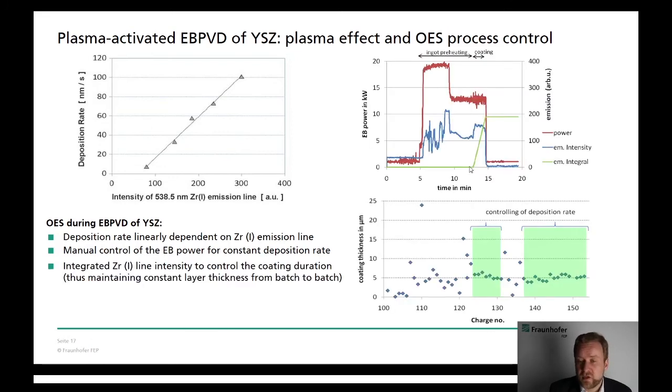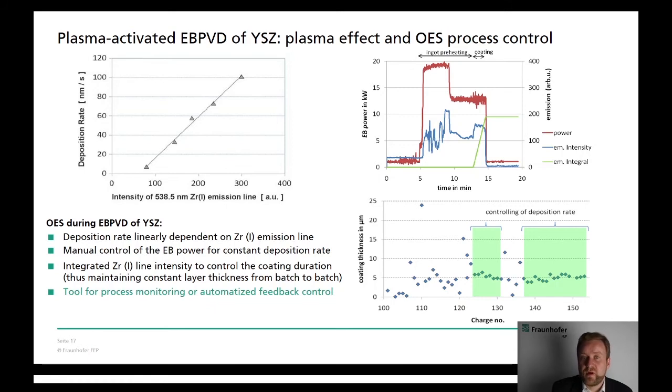Or what can also be done is that during deposition, I can integrate the optical signal and stop the process when I reach a certain integral value, so I can be sure that a certain coating thickness has been reached. And this has been done successfully in this project.